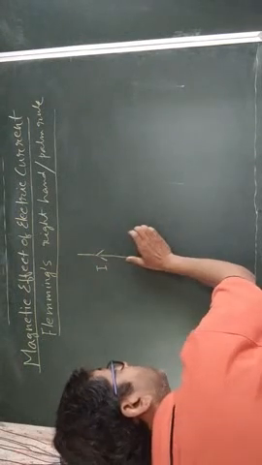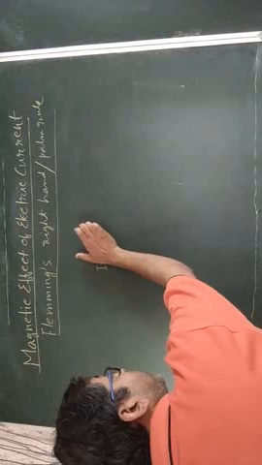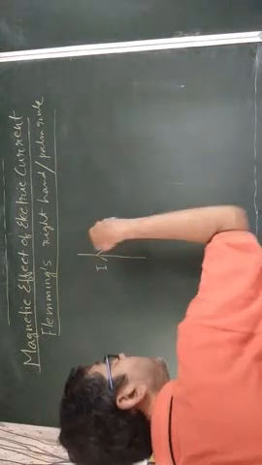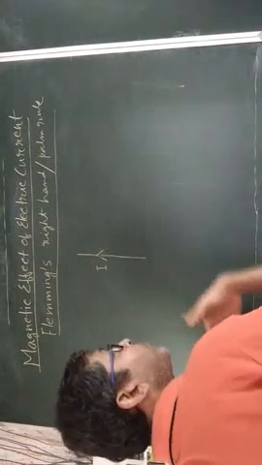Now if the thumb shows upwards direction of current, then the magnetic field produced is vertically inwards, away from the observer.